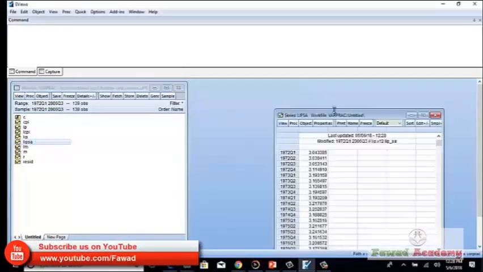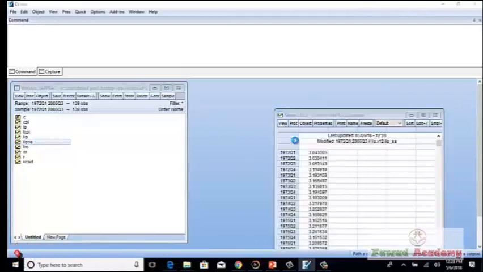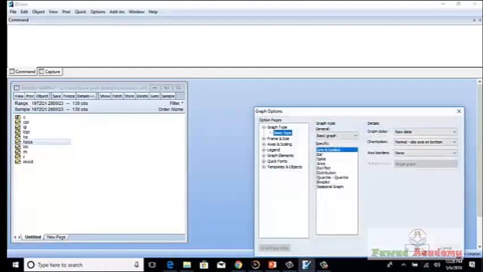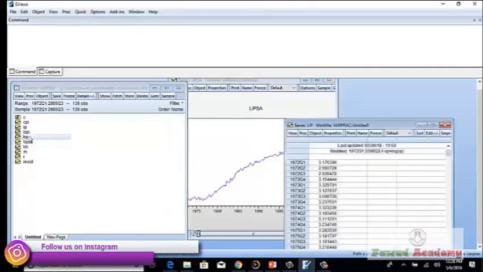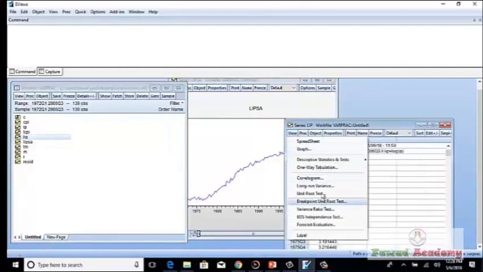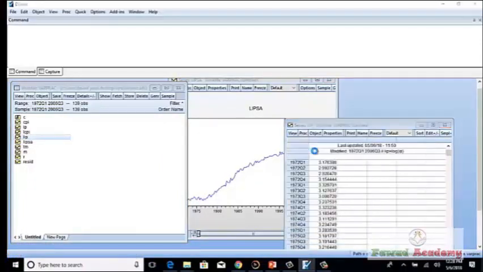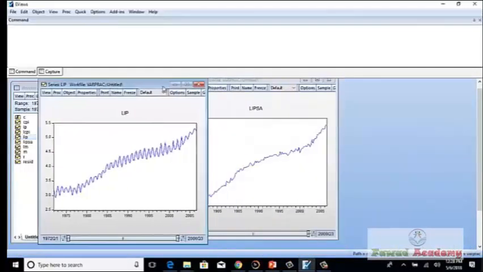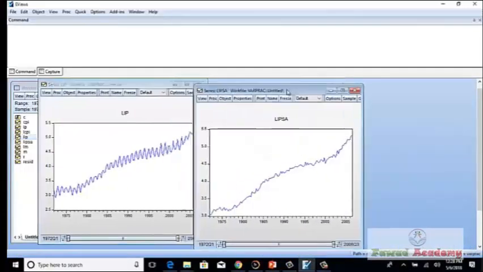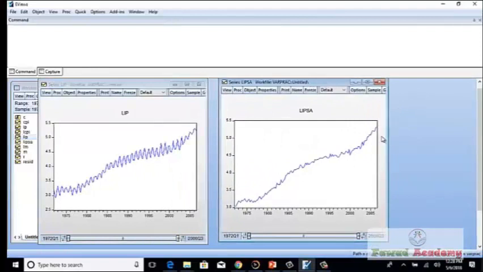Now check the graph: go to View, click Graph, click OK. Look, the seasonality problem of the industrial production has been removed compared with the previous one.